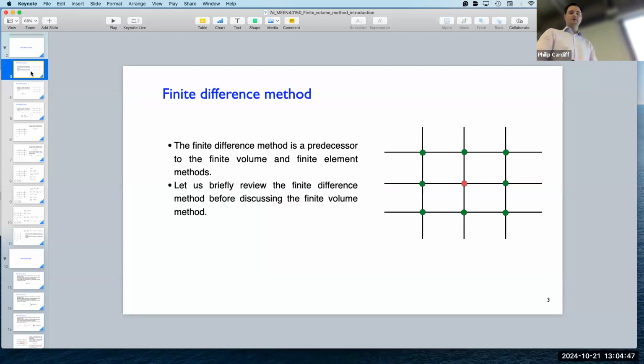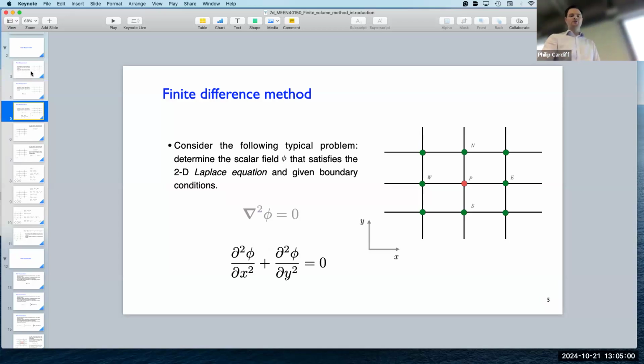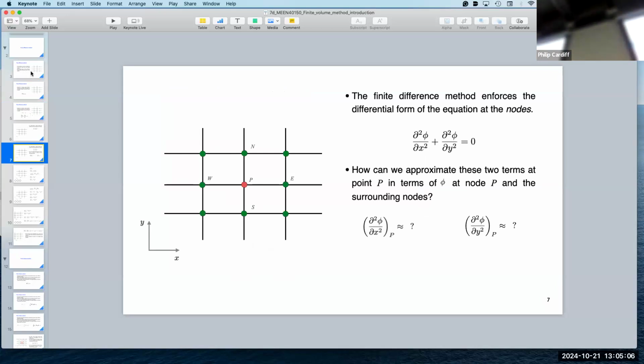and how if we have a nice structured set of points, if we took, this is called the diffusion equation or the steady state diffusion equation, representing flow of, say, heat or temperature into a point, we showed how you could discretize this on a grid like this. So it's basically in component form, it's the second derivative in the x plus the second derivative in the y is equal to 0. And then the question was, well, at a point like point P, this red point in the center, how can we approximate this in some way?